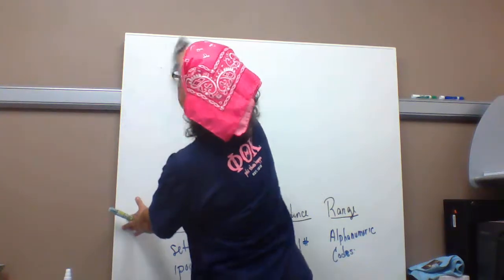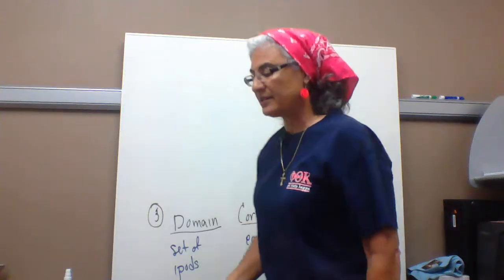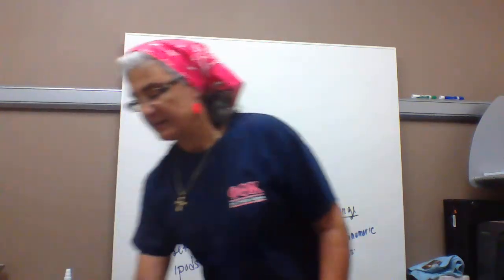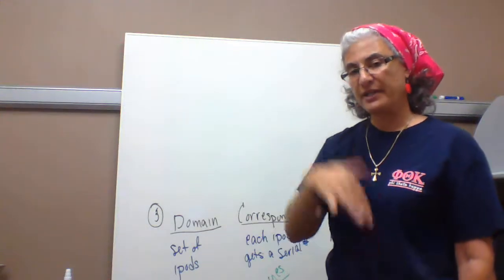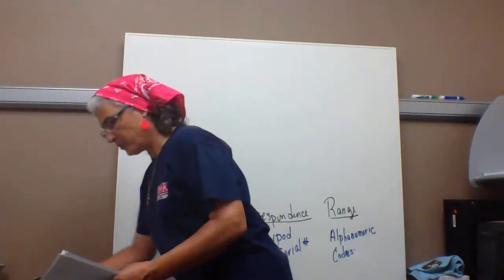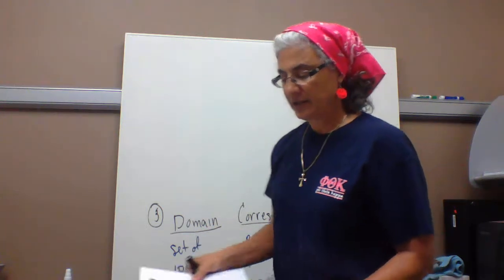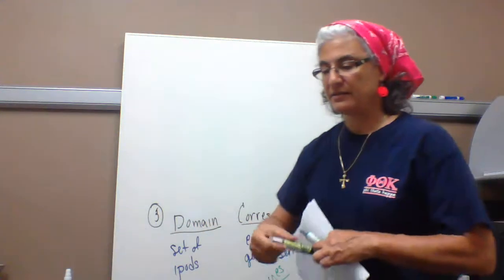Now, we looked at sets of numbers, input and output. We looked at a correspondence. We're going to look at one more item, and that other item is a graph.